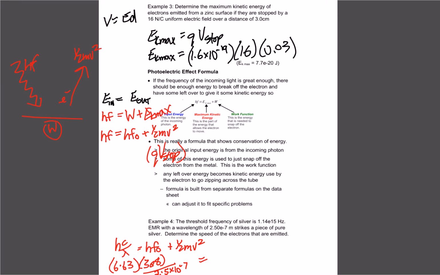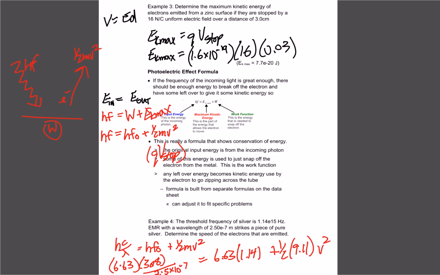And then on the other side, we have H again, so our 6.63 to the -34, again, times our threshold frequency, which they give us as 1.14 to the -15, and then we'd have 1/2 times mass of electron times v squared, and then we just solve it for velocity.